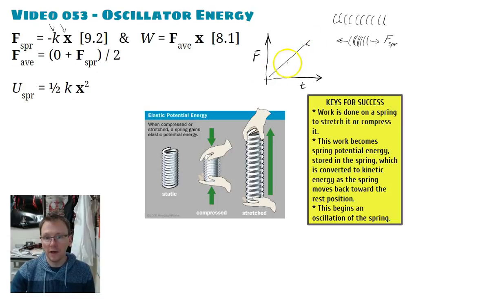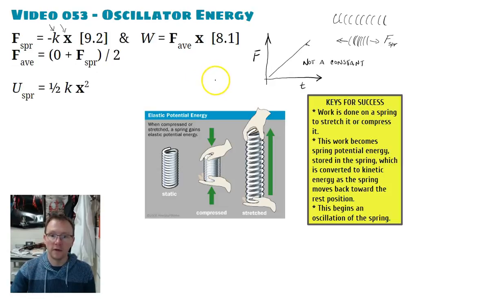And so you can see this is not a constant. You may remember in class that we oftentimes deal with constant forces because it makes our math a little bit easier and it's simpler to talk about. This is not a case where we can do that, though.